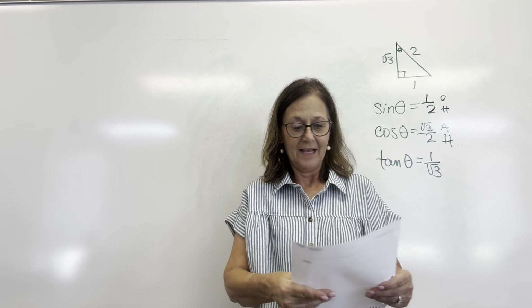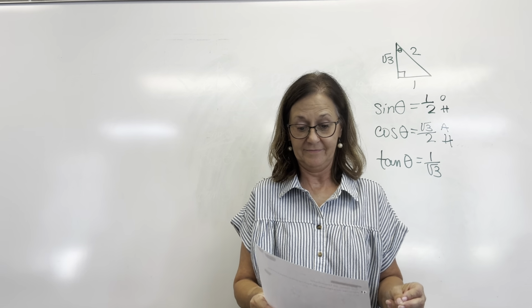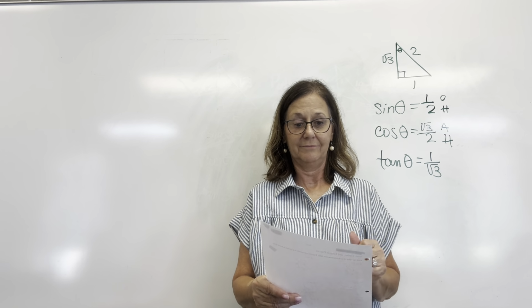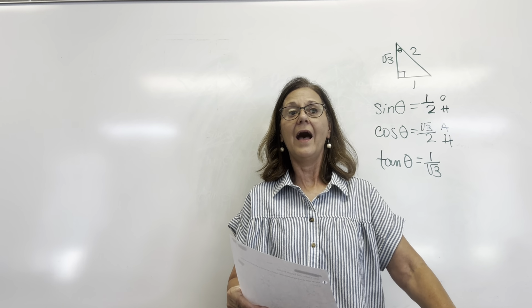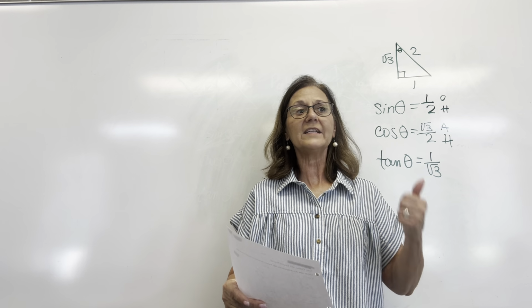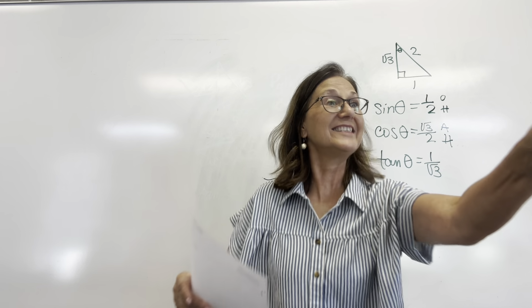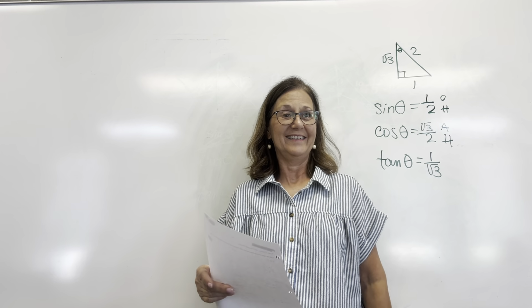Luke, number 4, the cosine of angle C. 15 over 17. Okay, cosine. What does 15 over 17 represent? That's the sine. 8 over 17? Yes! 8 over 17.